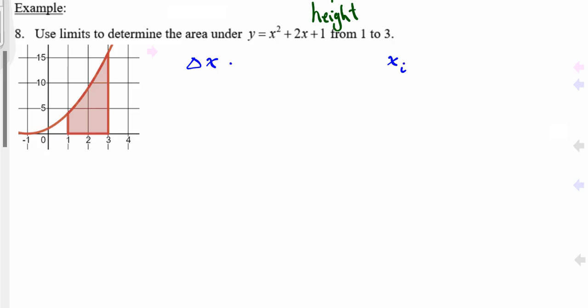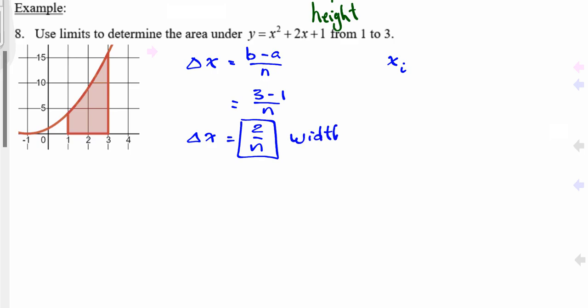So the width, remember, is right end minus left end divided by number of rectangles. That's written above, but I wanted to remind myself. And so in this case, I'm going to have 3 minus 1 over n. So my delta x is 2 over n. There's my width.